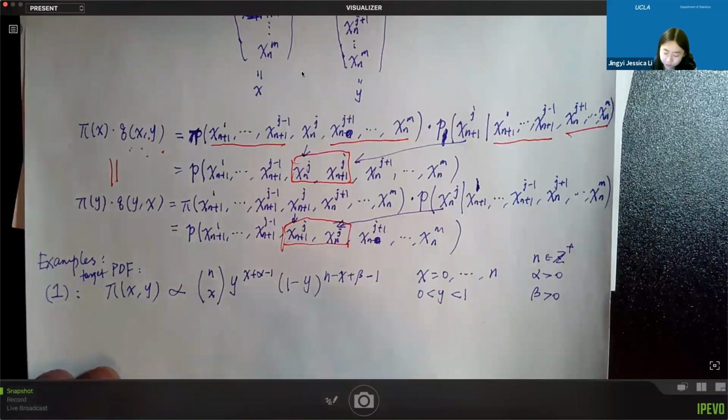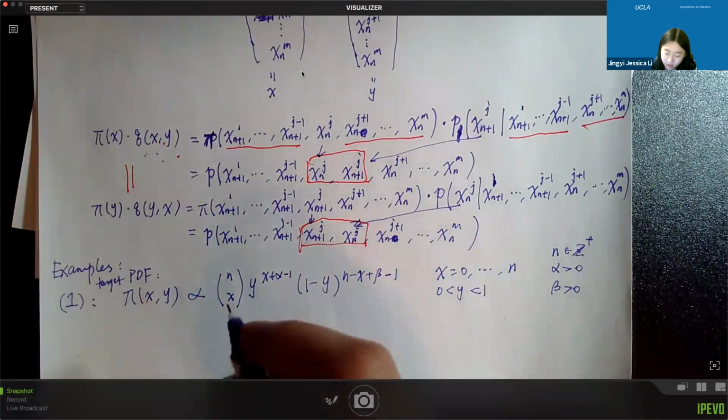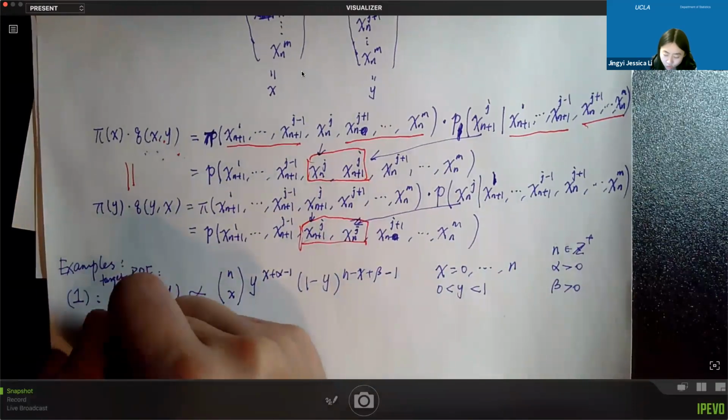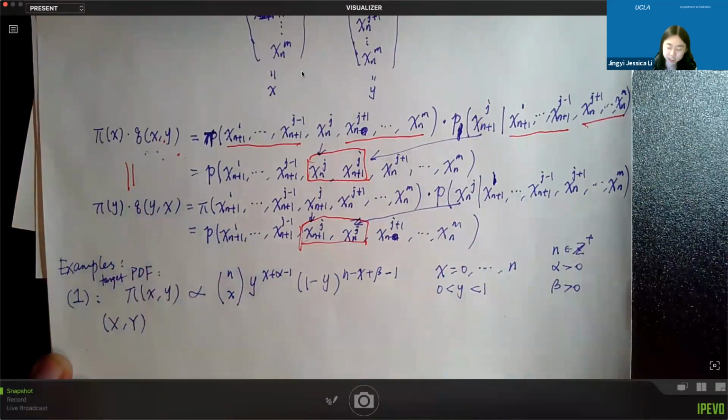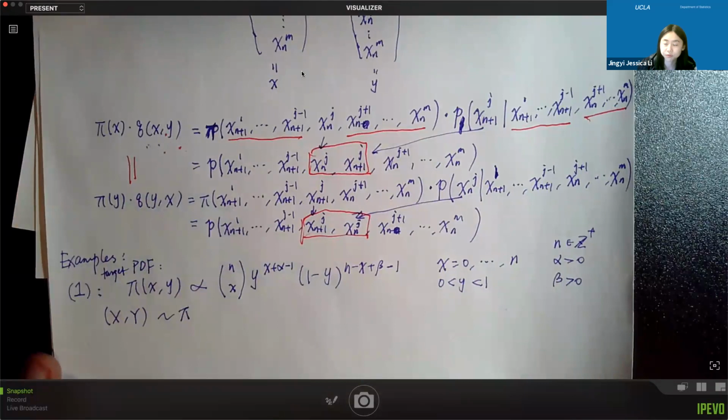So this is just the joint density of a random vector x and y, and it's difficult to sample from.